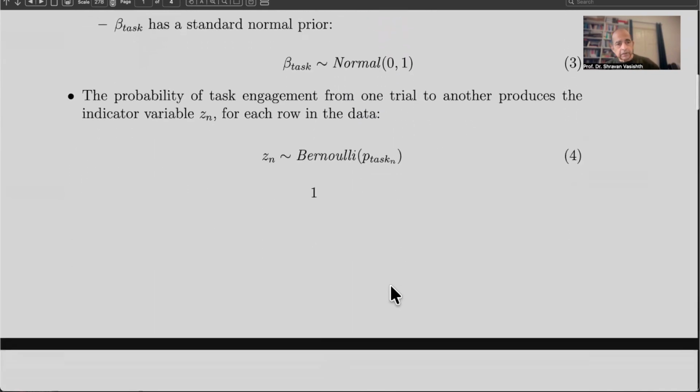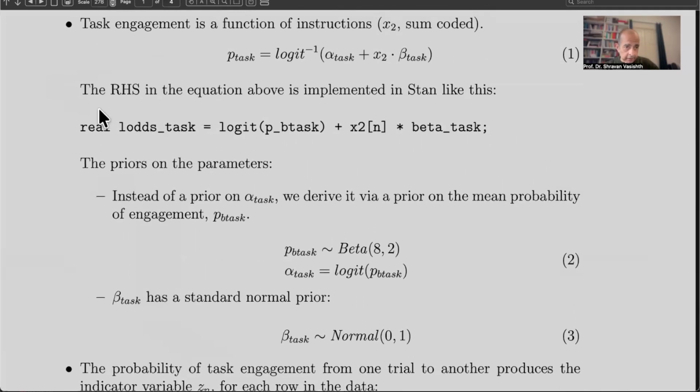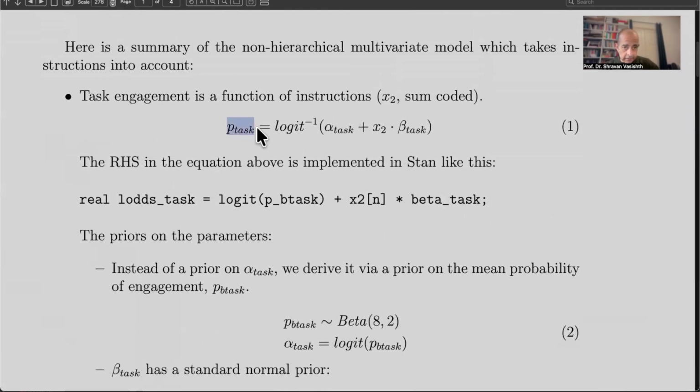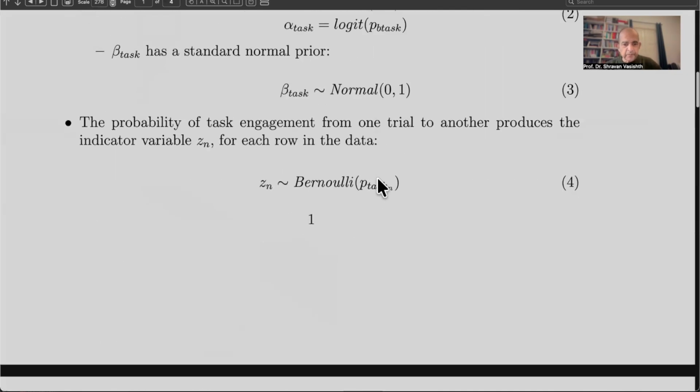Then the next part of the model defines the probability of task engagement, right? So this is what we've just figured out here, as a function of x2, and there will be a vector of x2 values, right? So there will be different probabilities of task engagement in every row of the data frame, okay? Depending on what the value of x2 is, right?